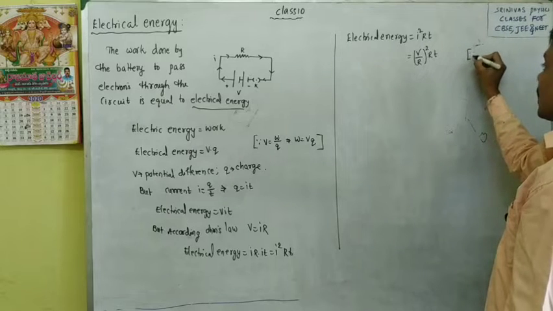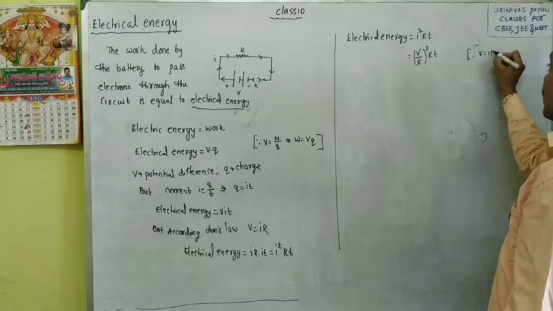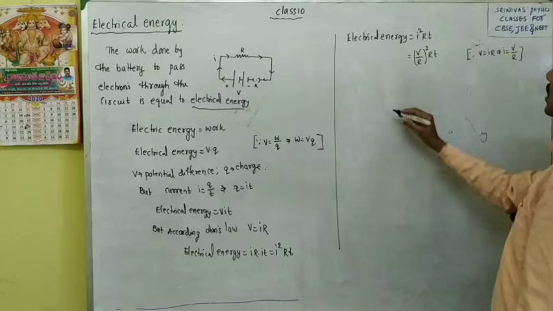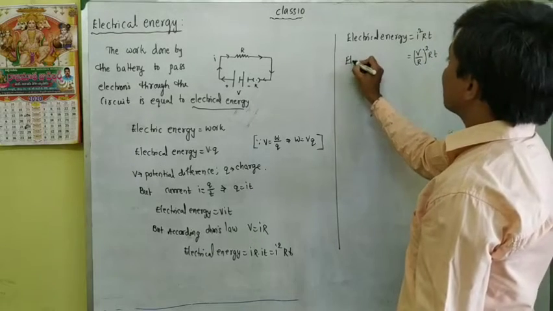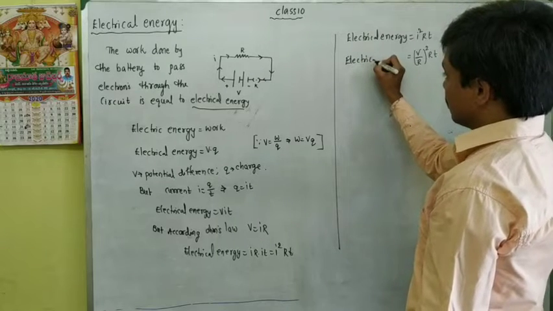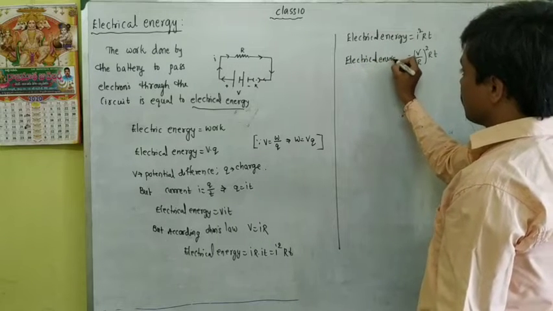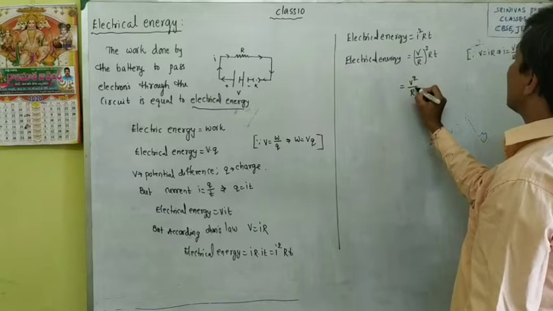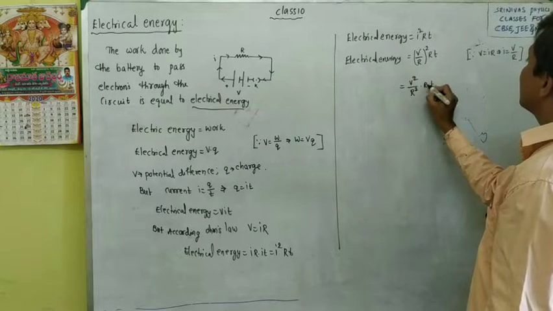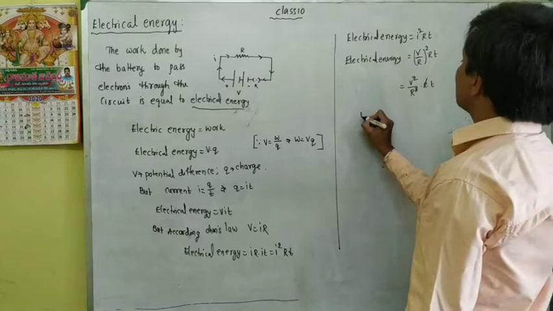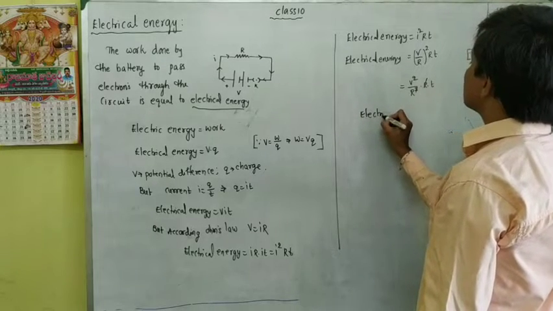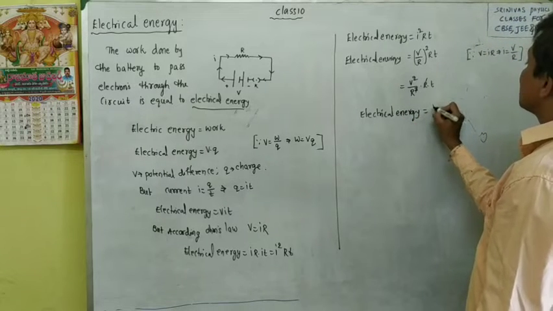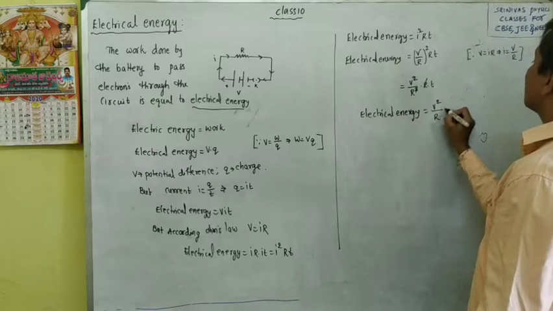Because we know according to Ohm's law V is equal to IR, so I is equal to V by R. This we substitute. Then one more formula: V square by R square into RT. This R square will cancel. Then one more electrical energy formula is V square by R into T.